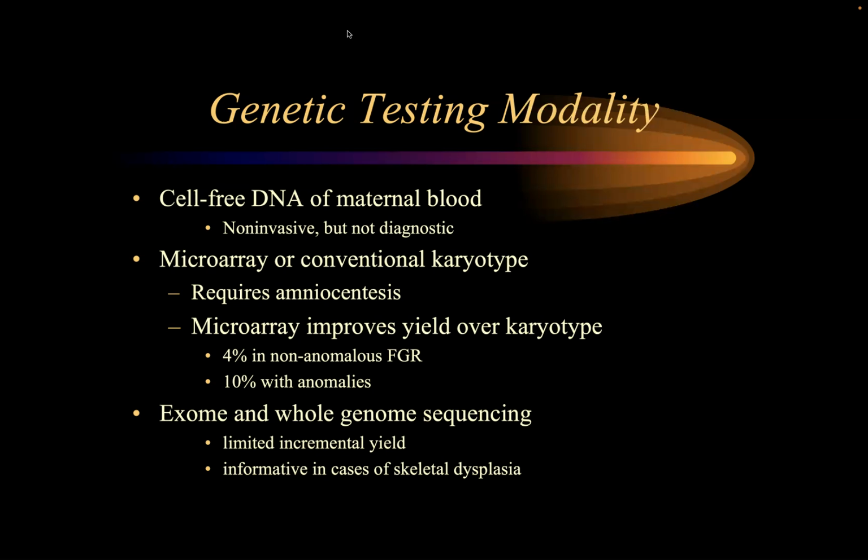Still sort of considered experimental, and highly labor intensive, is whole genome sequencing, which seems to offer a very incremental small yield beyond a microarray, but can be informative in select cases of things like skeletal dysplasia. Next slide.